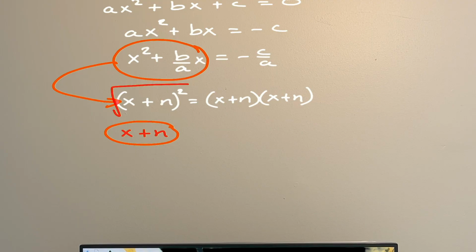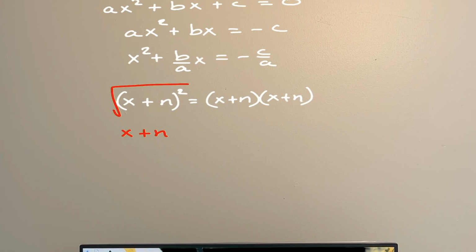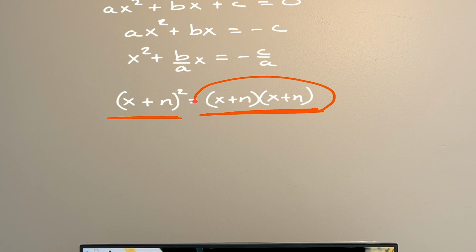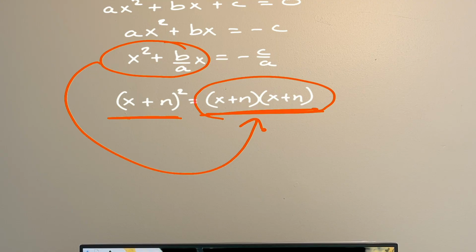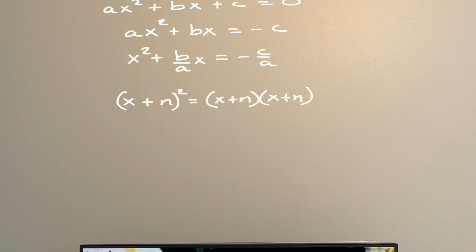And if I get this, I can have my x equal, and then I can put my n over here. So I would have my x on one side. We realize that if we have this form, when it expands, we get this. This is now a perfect square. So all we have to do is write this side into a form such as this. So now, let's get that done.